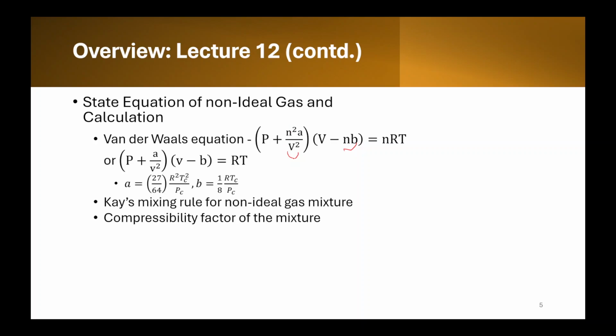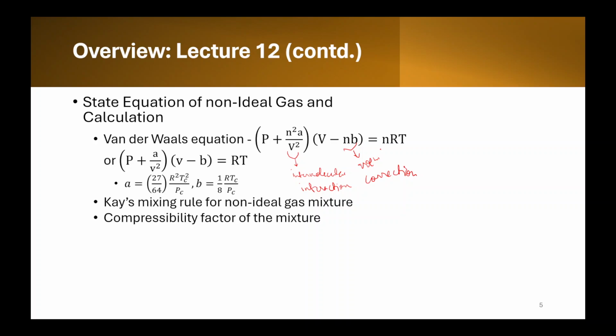This accounts for intermolecular interaction, and this basically gives us the volume correction, because real gases do not have particles which are point size, they have some significant volume. That's why these volume corrections are made.